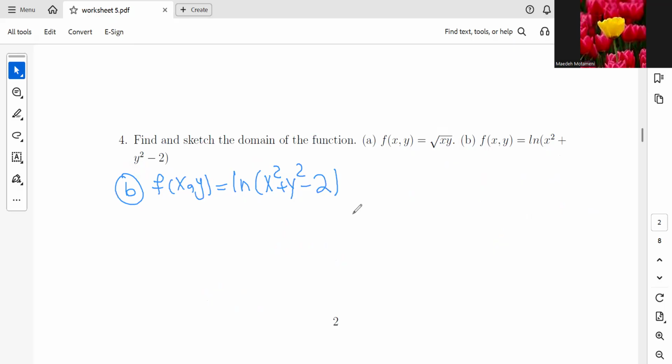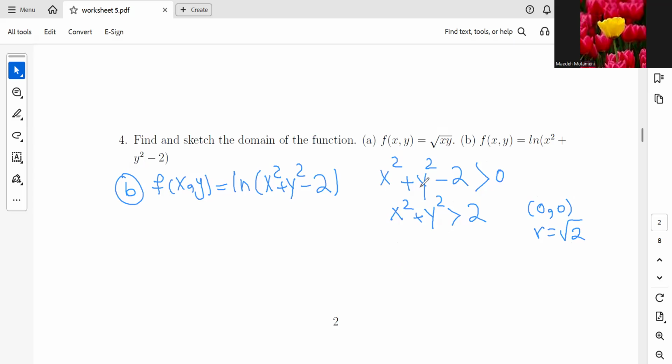For ln functions, we say that it is defined only when the expression that we have here, in this case x squared plus y squared minus 2, is positive, not 0, only positive. And if we solve it, we would get something like this, which is familiar for us. This is representing a circle with the center 0 and 0 and the radius square root of 2.